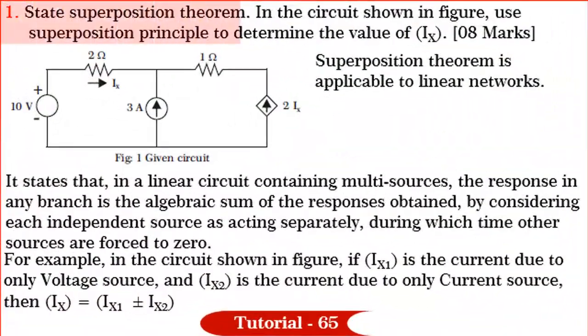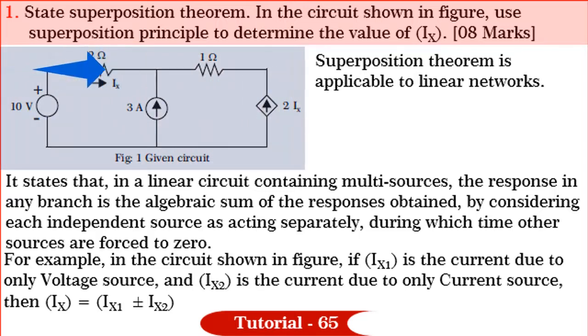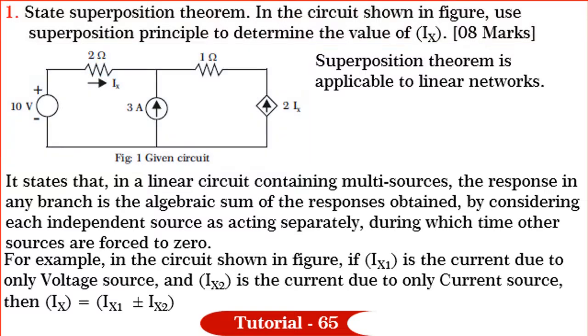Friends, first let us answer question 1. In this question, we are required to state the superposition theorem and determine the value of Ix in the network shown in figure using superposition principle. We know that superposition theorem is applicable to linear networks.